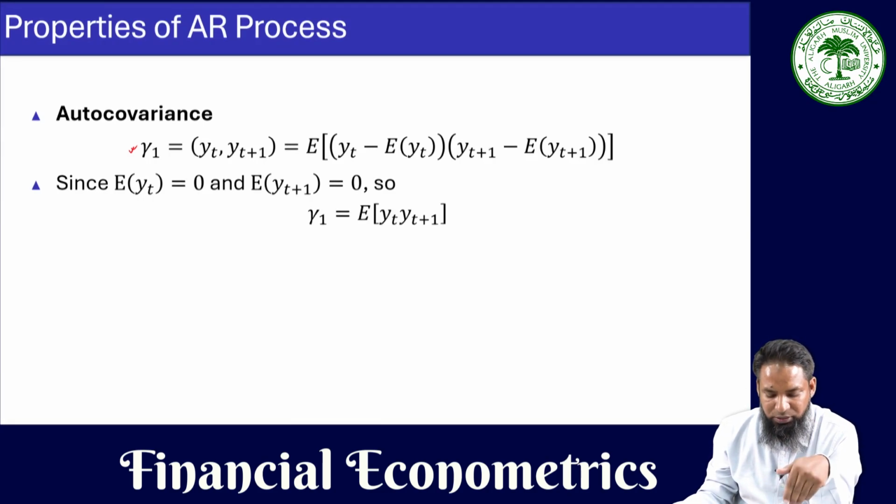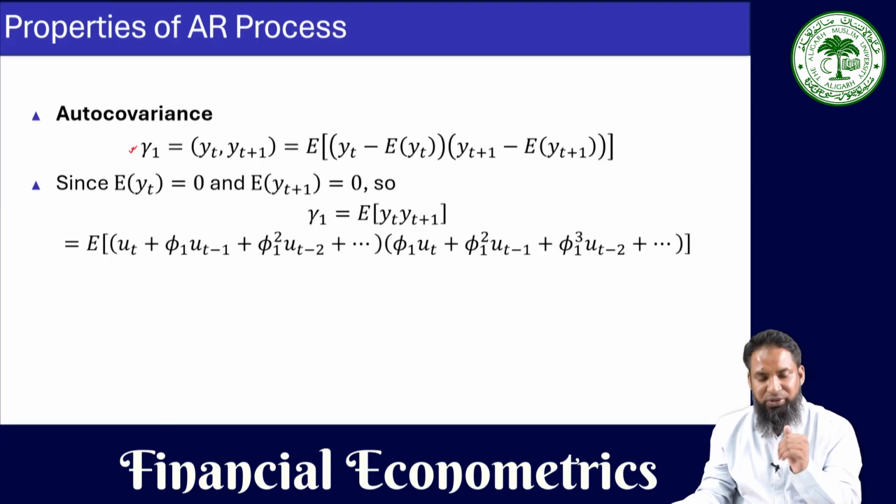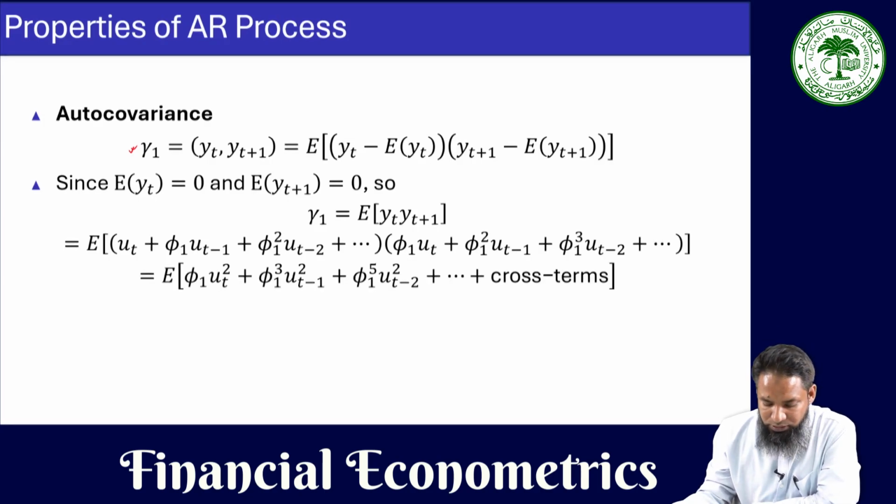So we can write the autocovariance at lag 1, that is gamma 1, as this. Again, using the previous information, we can write this equation like this: in a similar approach, phi 1 ut square plus phi 1 cube ut minus 1 square, and so on, plus the cross terms.